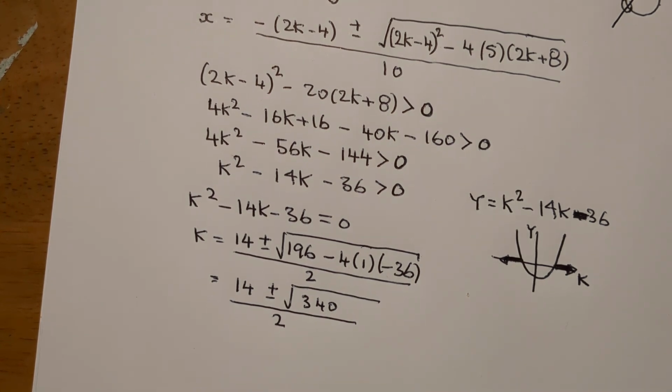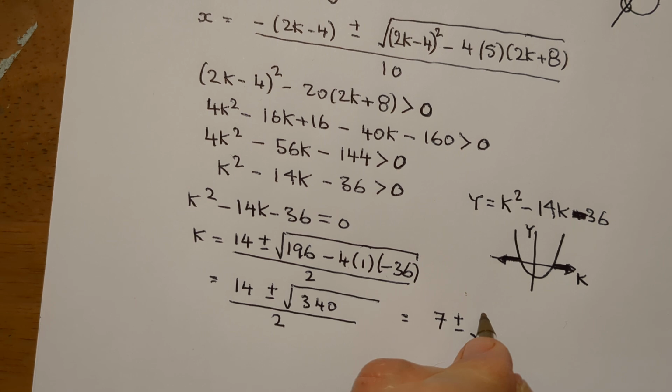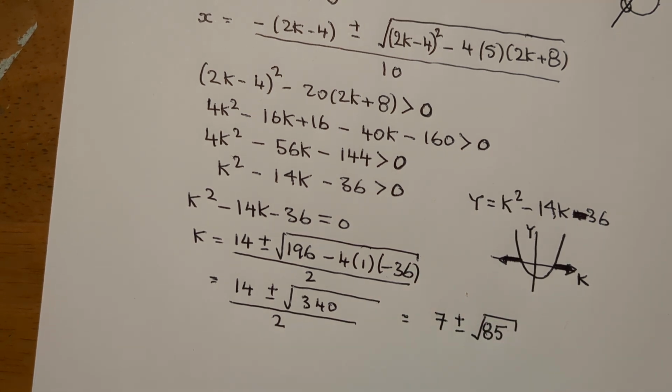Right, now my calculator isn't a lot of good actually. I think it's going to give me a decimal. So let me just think for a second. 340. Yes, okay. So it's actually going to be 7, because 14 divided by 2, plus or minus, and it turns out that's equal to the square root of 85. Hopefully your calculator is better than mine in terms of giving you the answer at once.